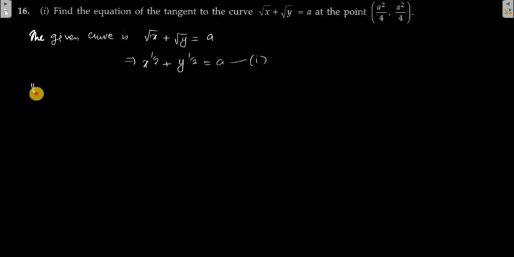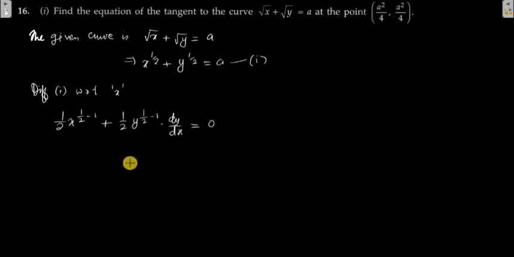Differentiating 1 with respect to x, the derivative of x to the power n, that is x to the power half, becomes n x to the power n minus 1, plus the derivative of y to the power n becomes half y to the power n minus 1 into, as per chain rule, the derivative of y with respect to x, which is dy by dx. And a is a constant, so it is equal to 0.